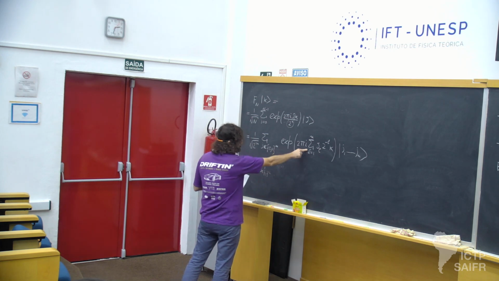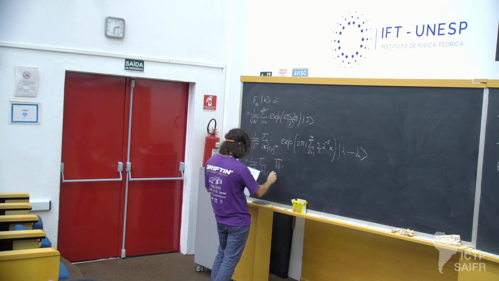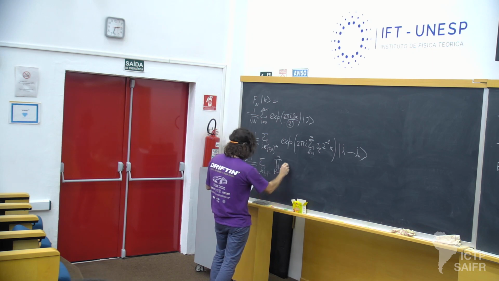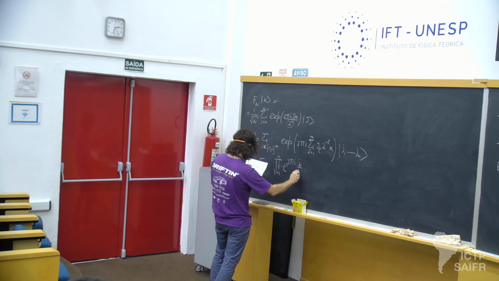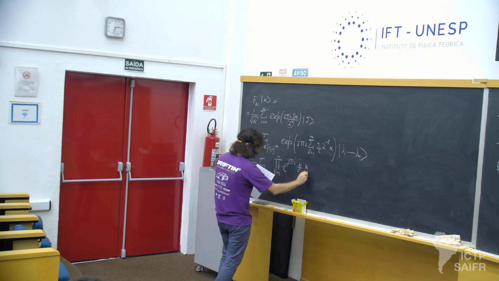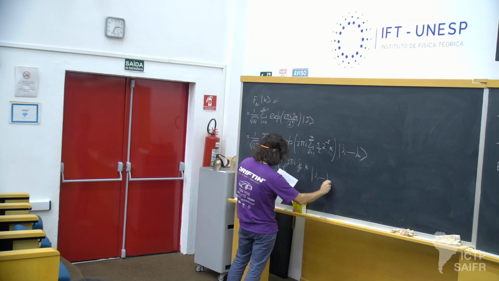I want to promote this sum to a product, so this becomes the product over all the l from 1 to n of e to the 2 pi i j digit l divided by 2 to the l times k, acting once again on my j1 ... jn.